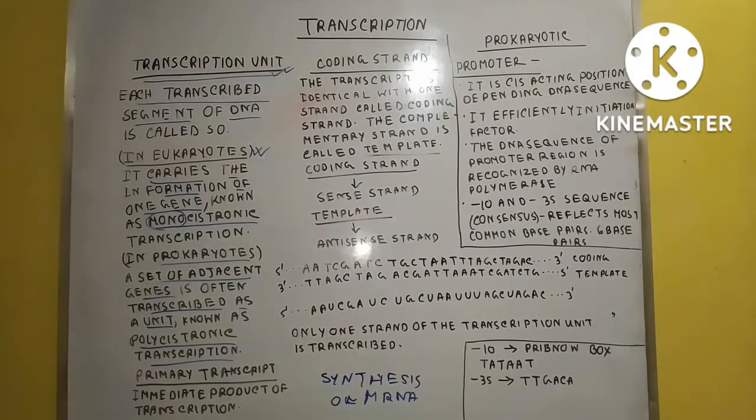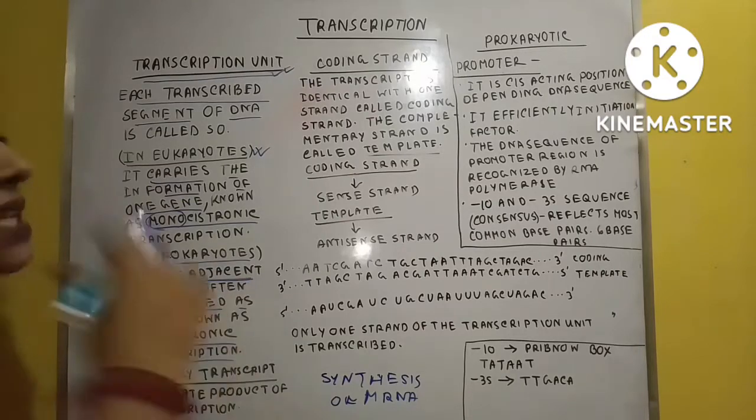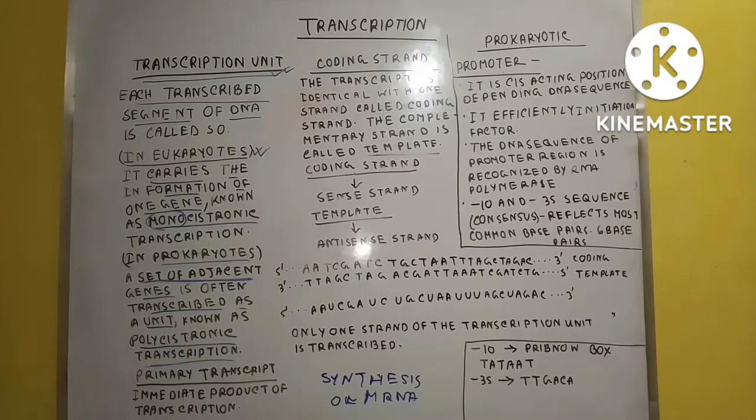So this is called the polycistronic transcription. Again I repeat, a set of adjacent genes' information acts as a unit, and here the transcription is seen in that unit. This is called the polycistronic transcription.